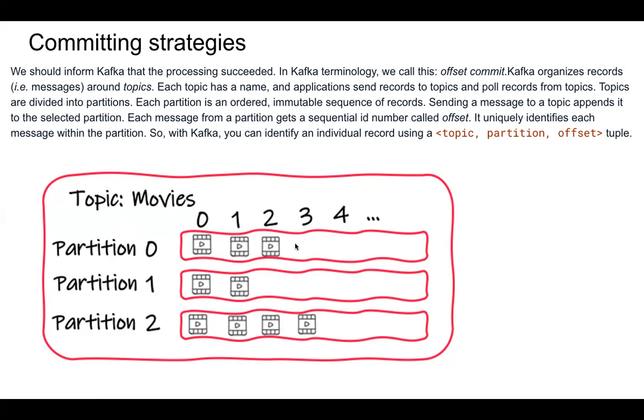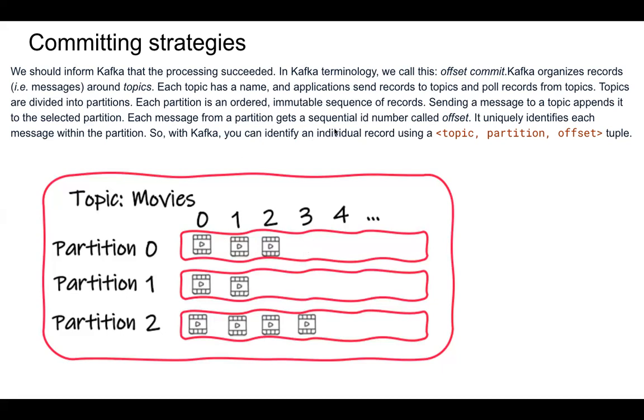Sending messages to a partition appends them to the end. So this is the first, second, third, and the next message comes here. It appends to the end of the queue. And how does it decide which partition it goes to? Based on the message key. It computes a hash, computes which partition it will go to, and it will go there.